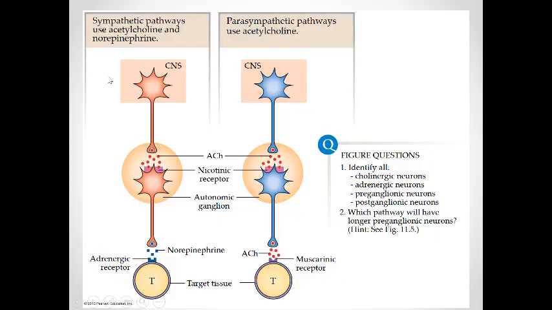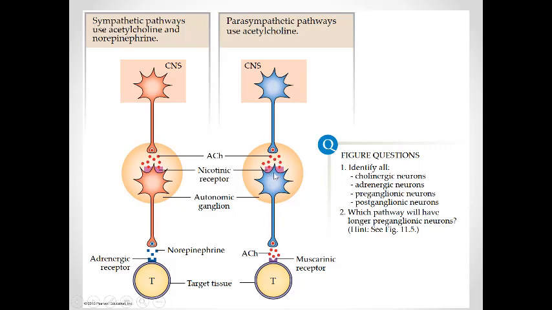Looking at how the neurons are set up for parasympathetic, so that's rest and digest, the central nervous system comes down, it synapses on an interneuron or a secondary neuron, and it releases acetylcholine.